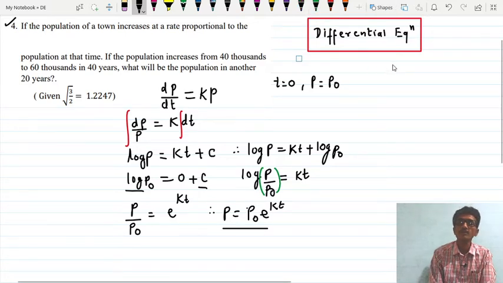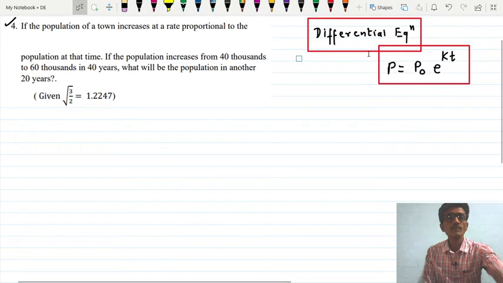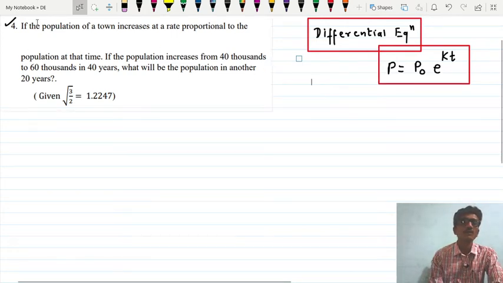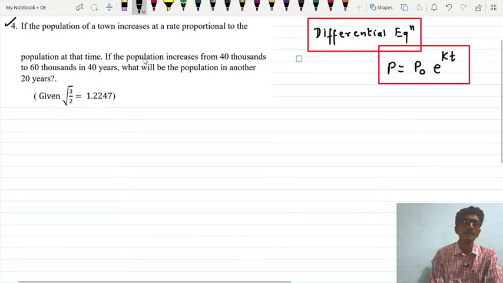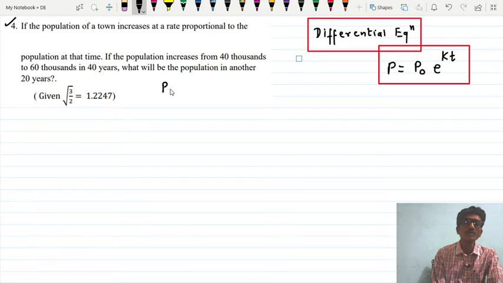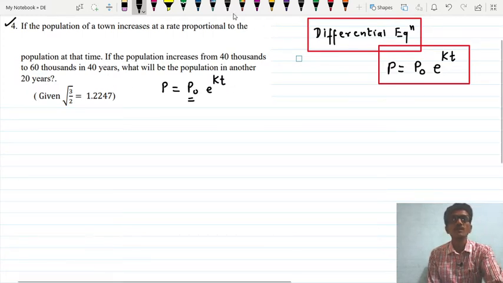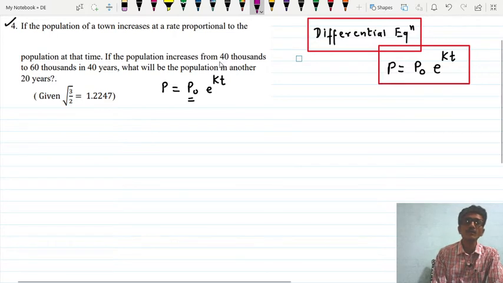So our equation is this. We can use this equation now to solve this problem: P is equal to P0 e raised to power KT, where P0 is the initial population when time T is equal to 0. It is given that the population increases from 40,000 to 60,000.